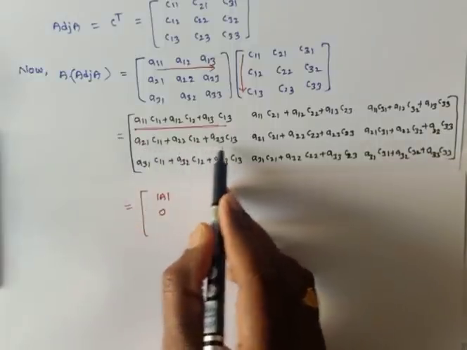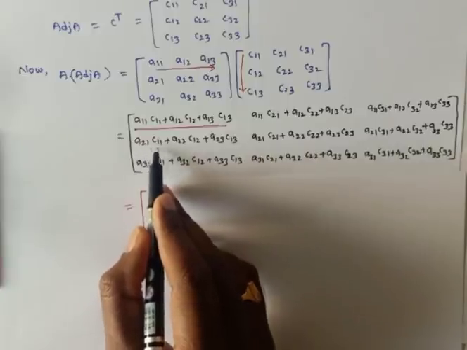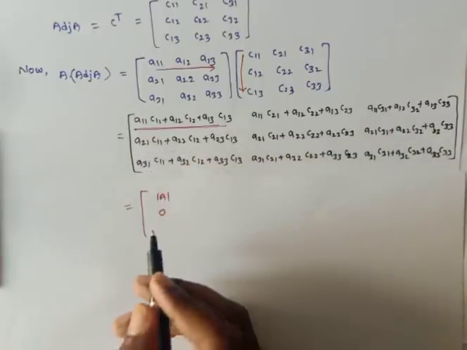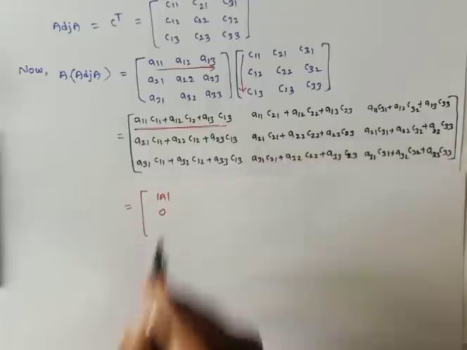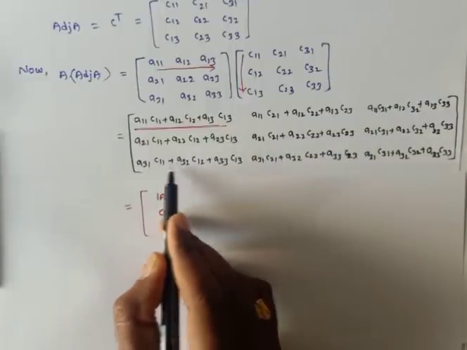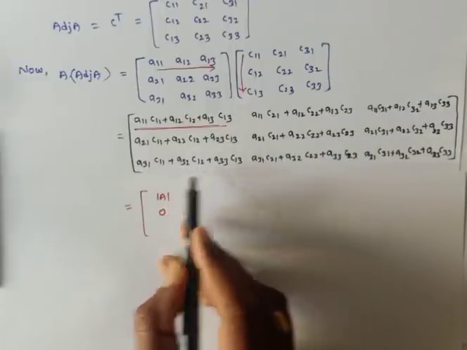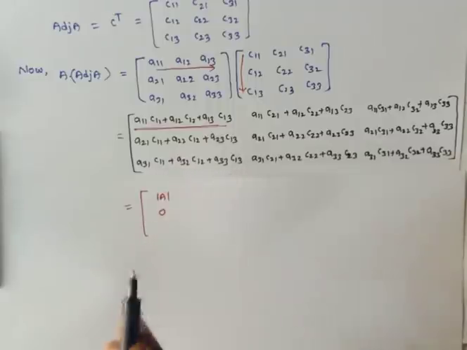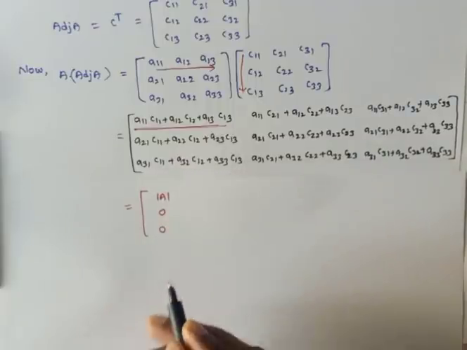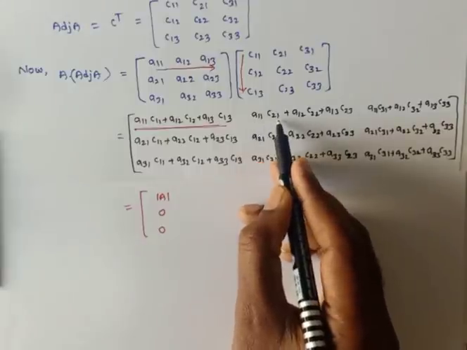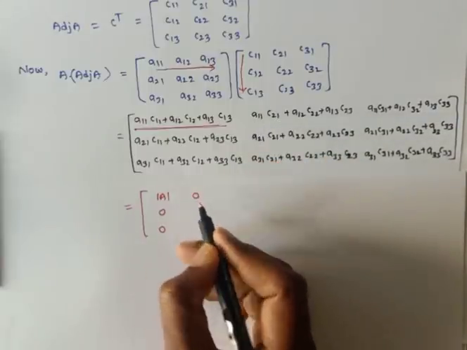So for the second row, A21 into C11 means different cofactors, so this entire value is 0. Similarly A31, A32, A33 with another row's cofactors is also 0. Next A11, C21, this is also 0.